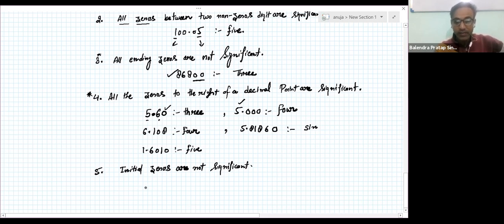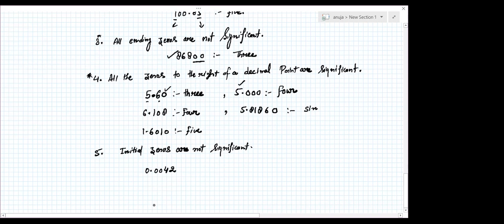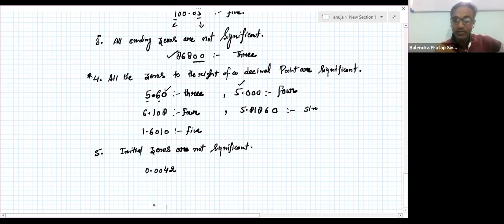Suppose a number is written as 0.0042. How many significant figures here? 2, only 2. You have to leave all the initial zeros. So there are 2 significant figures.